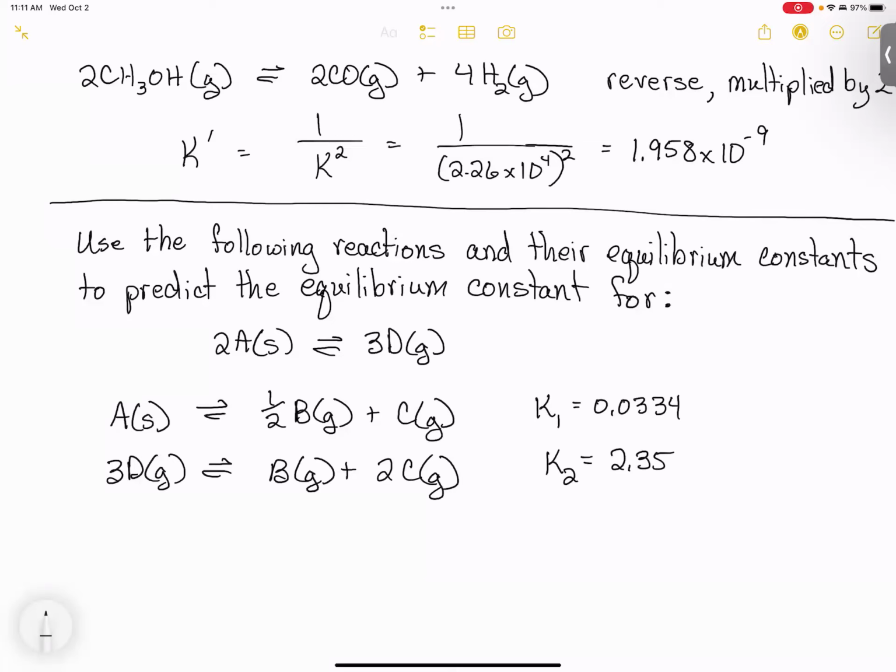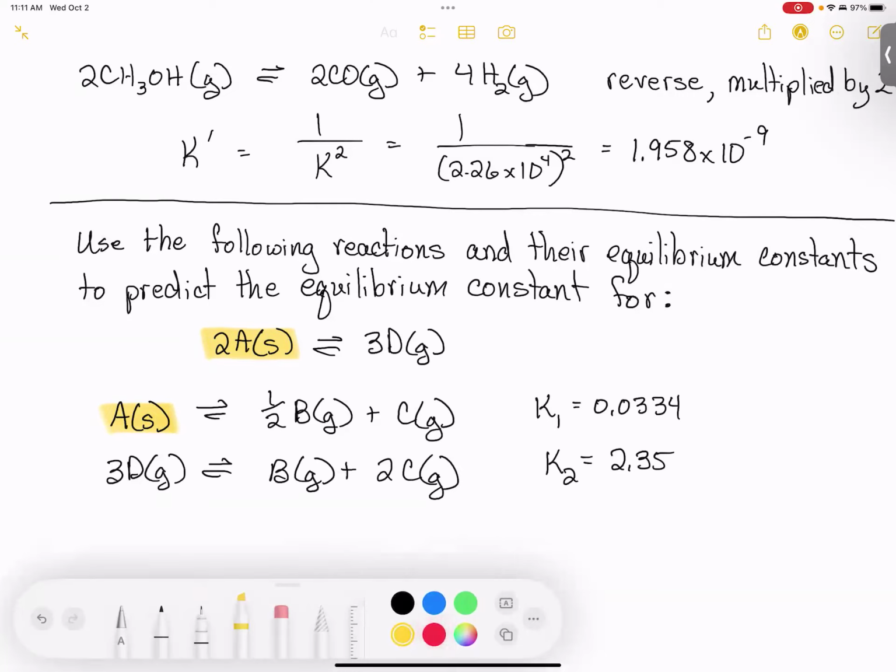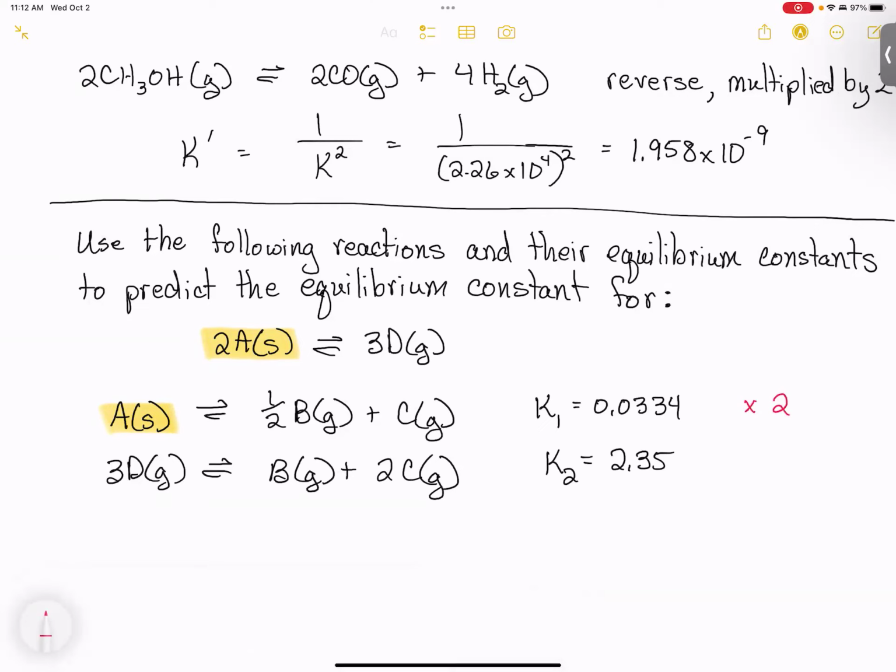First, let's figure out how we're manipulating our reactions to get the target reaction. What I notice is that I need 2A solid on the reactant side. In this first equation, I have A solid on the reactant side. So in order to get 2A solid, I'm going to have to multiply the first one by 2.